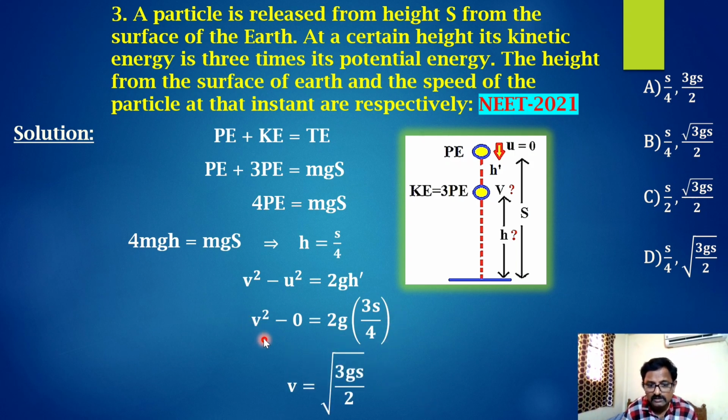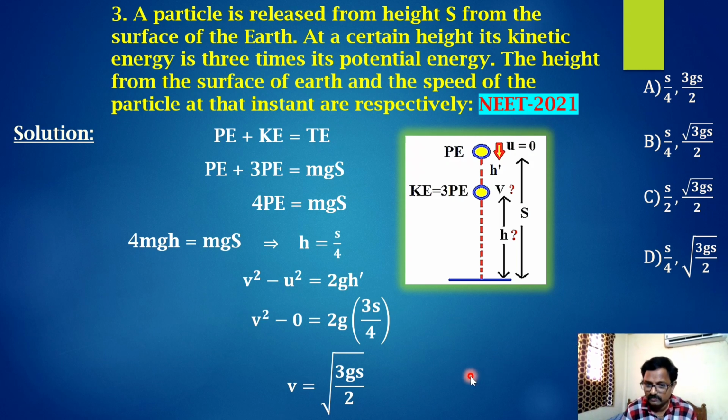Then we get v equal to root over 3gs by 2. So finally we got the speed at which K equals 3 times PE, that is root over 3gs by 2. And we also calculated h, that is s by 4. From the options, option D is the answer, my dear.